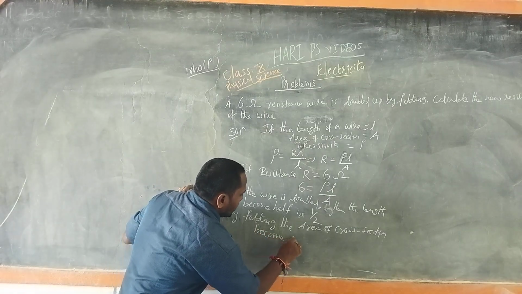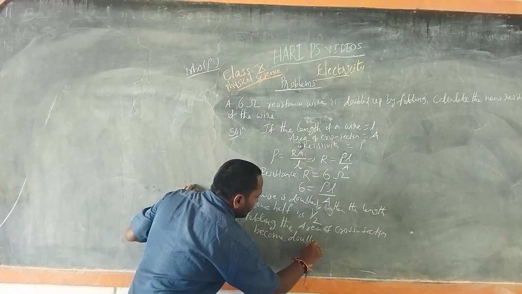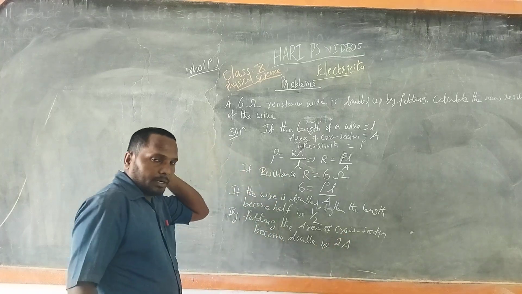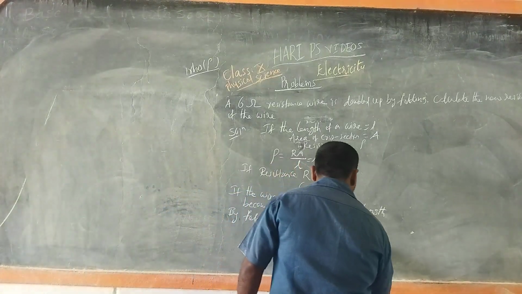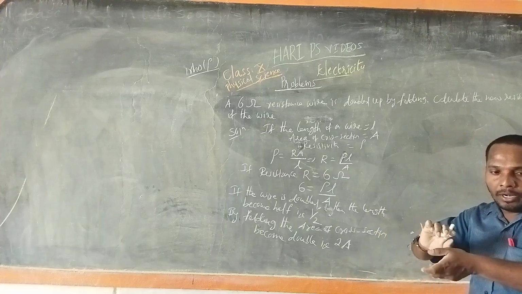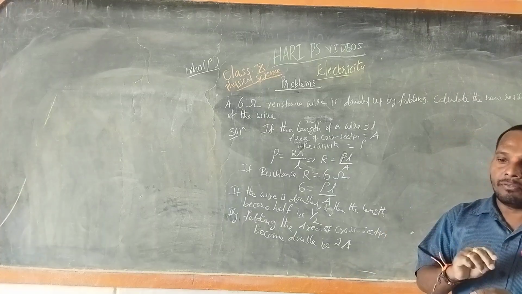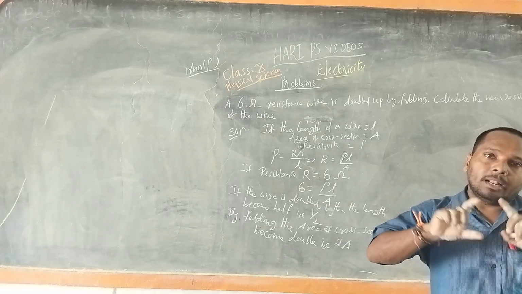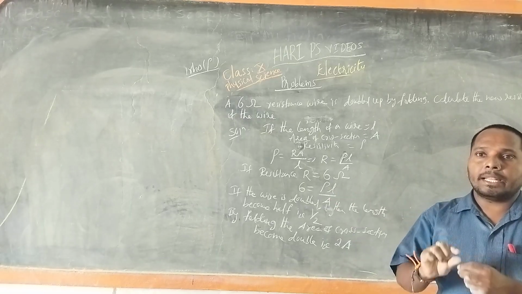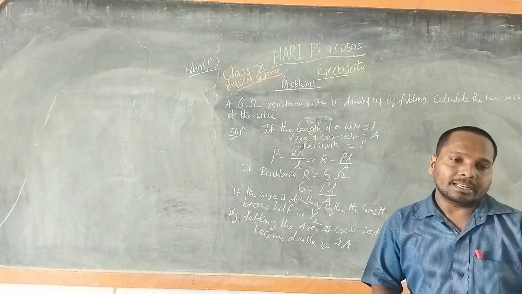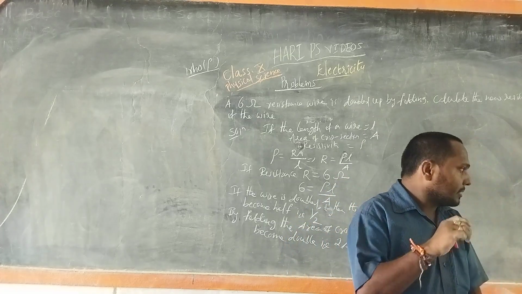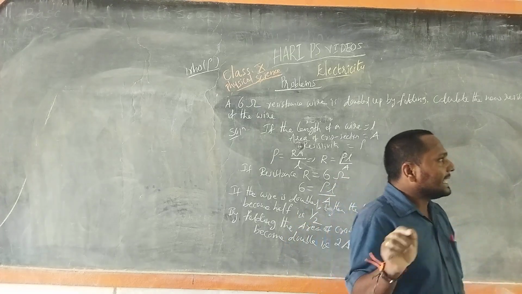So when we fold it, what will happen here? Length decreases, area of cross section increases.